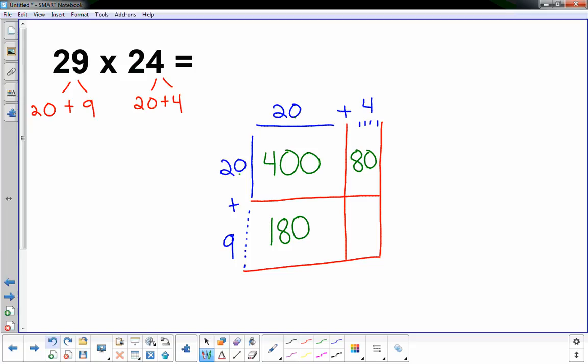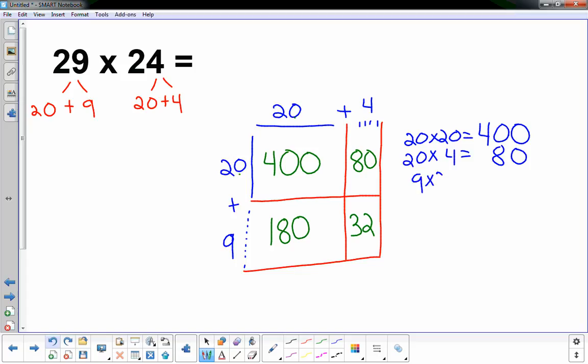And now in the lower right-hand corner, I have a 9 times a 4. Well, 9 times 4 I know is 32. So I have these four areas. They're called partial products, and I have to add them. So again, 20 times 20 was 400. 20 times 4 was 80. 9 times 20 was 180.